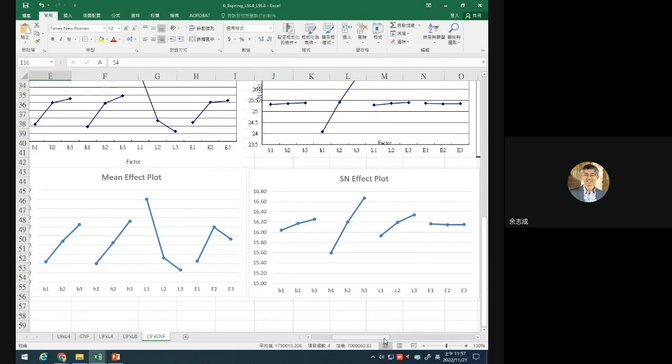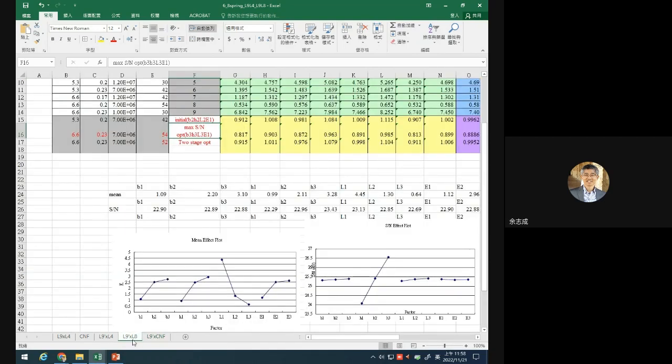What will happen if I choose B as a scaling factor? The SN ratio using outer array will have a bigger error. So the one using outer array, this one, is more accurate. However, since we want to save money, we didn't use L9 by L8. If L9 by L8, I believe your result should look like this.